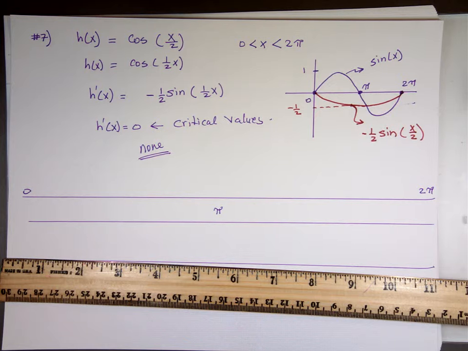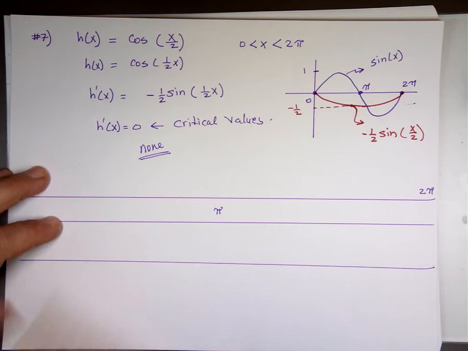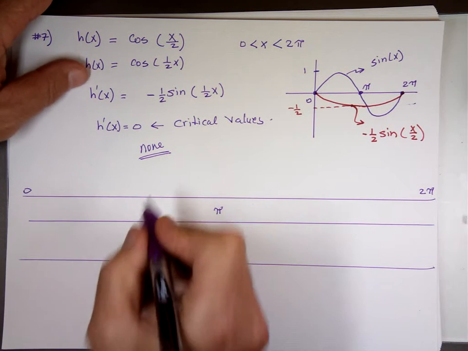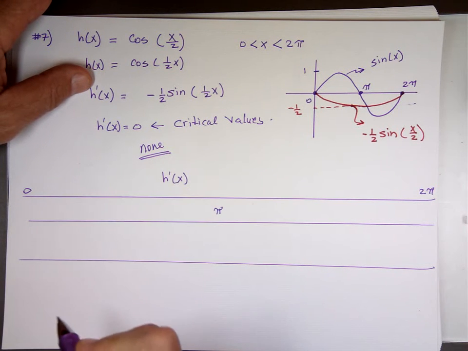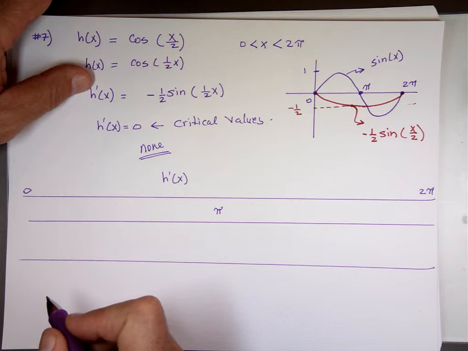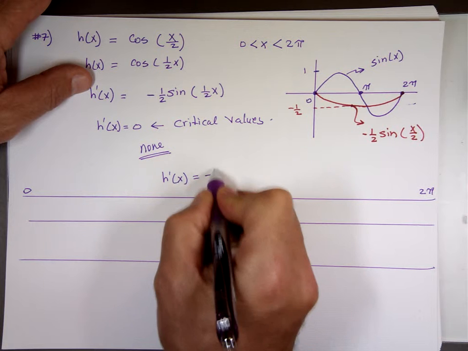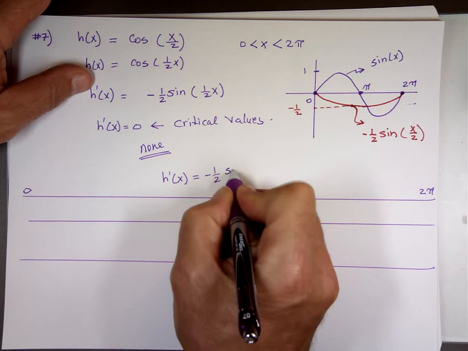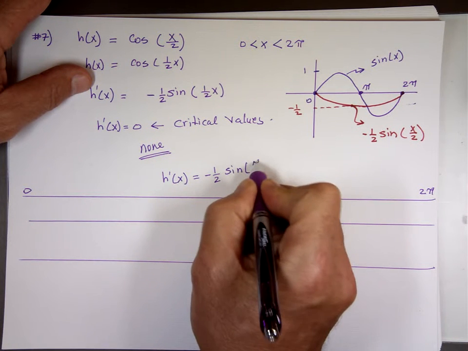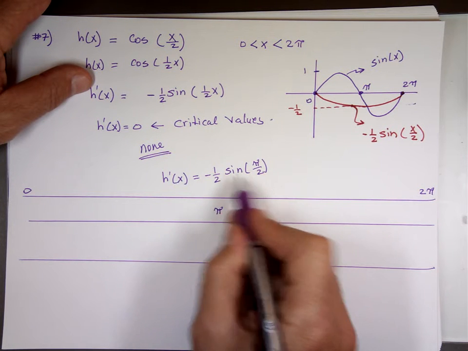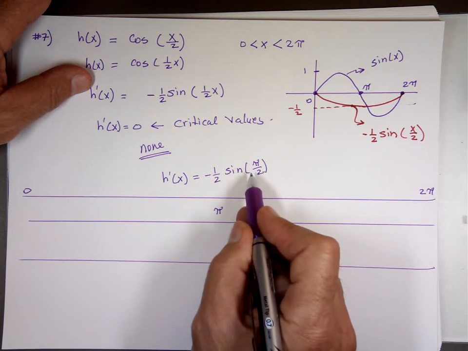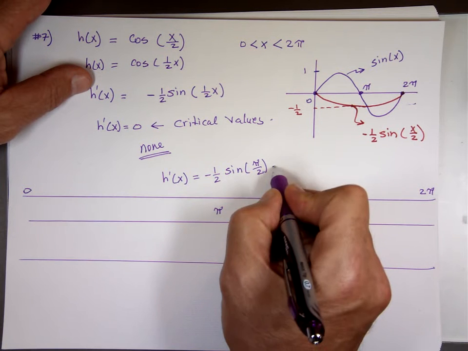It's only one piece now. And what's the derivative at pi? This is going to be negative 1/2 sine of pi over 2, since 1/2 times pi is pi over 2. Sine of pi over 2, if you have your unit circle, is 1. 1 times a negative is negative 1/2.